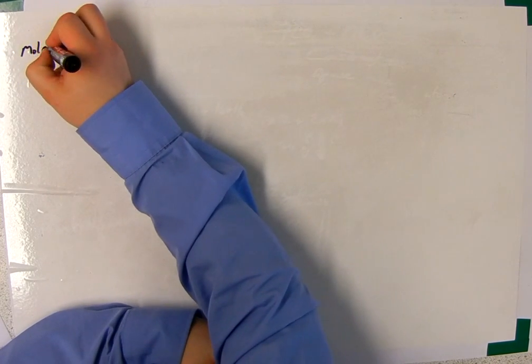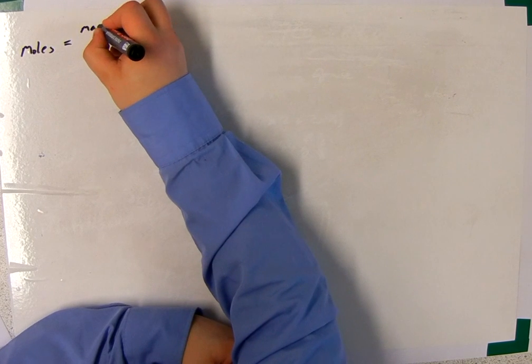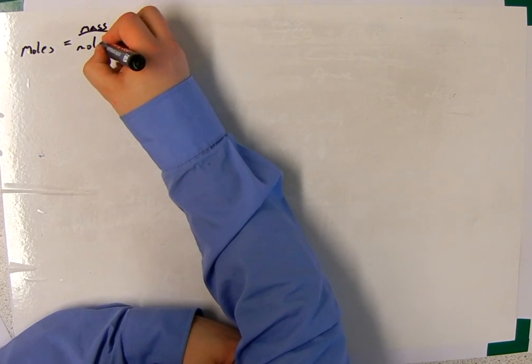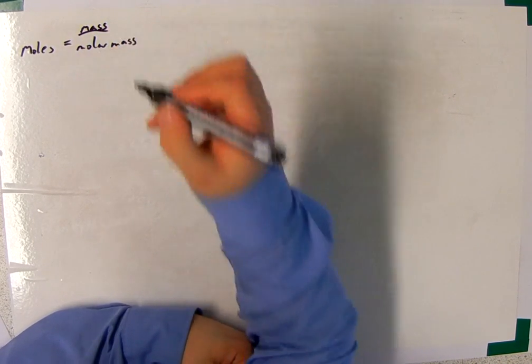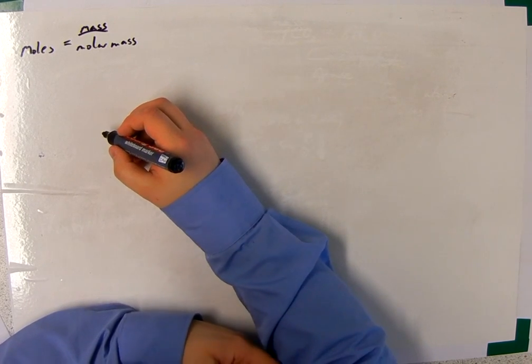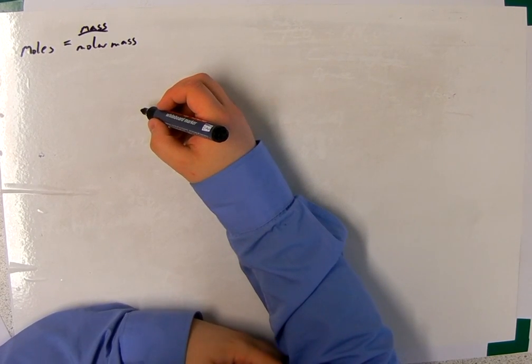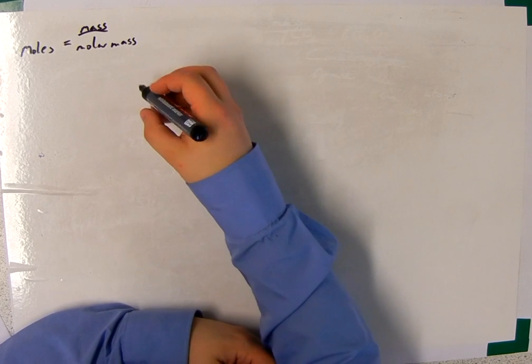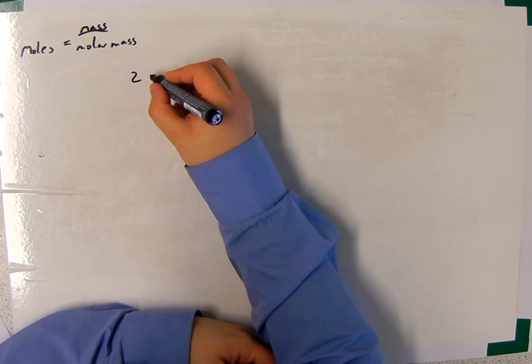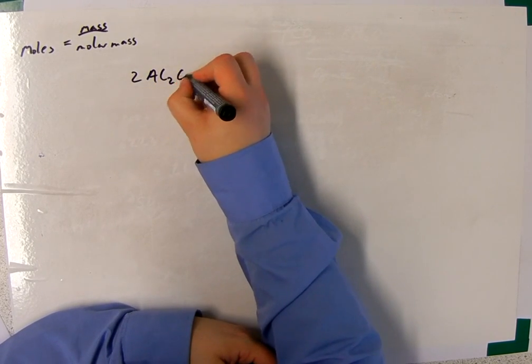Last bit on our first bit on moles is to tie this together. So let's just put this up here. Moles is mass divided by molar mass. Let's say we've got this equation.